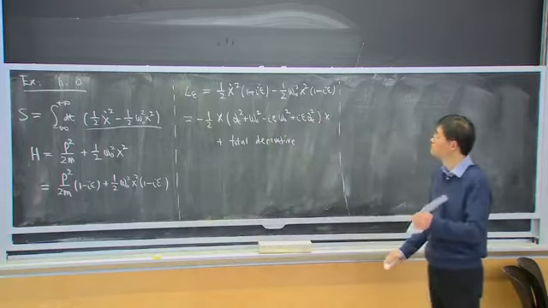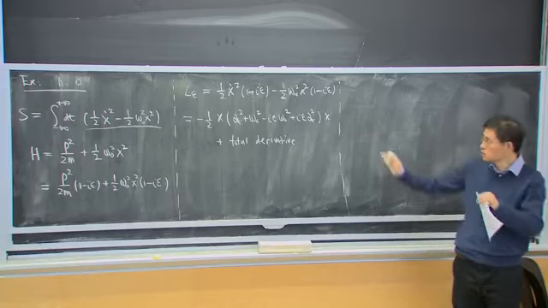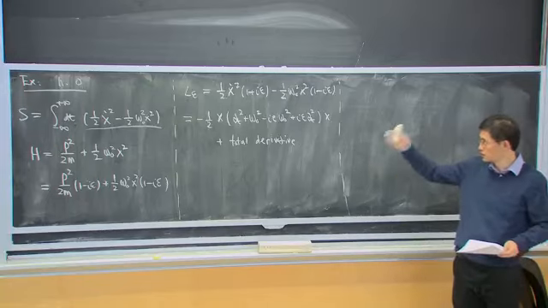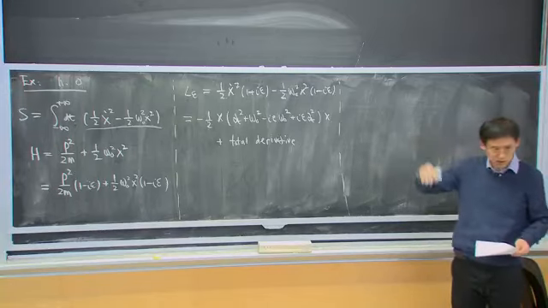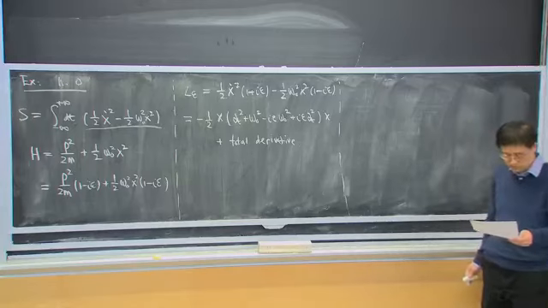The total derivative always vanishes because we impose boundary conditions so that x goes to 0 at t equal to plus and minus infinity.